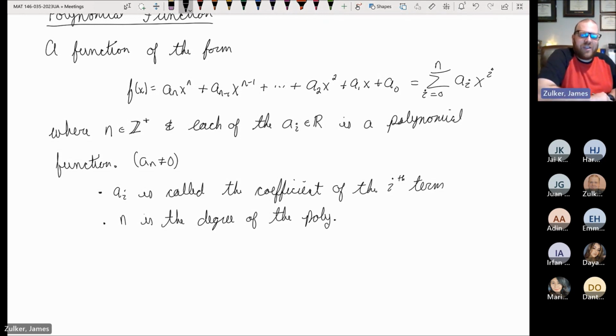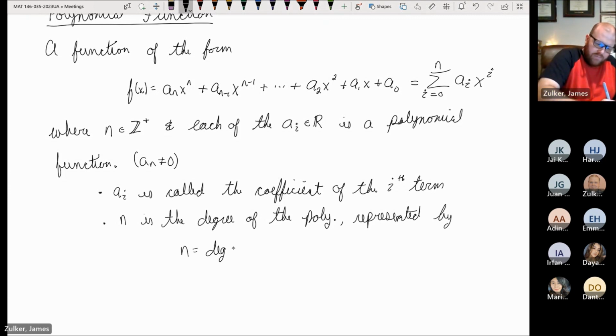So n is the degree of the polynomial, and it's represented as deg of f. The degree of a polynomial is the highest power that appears in it.